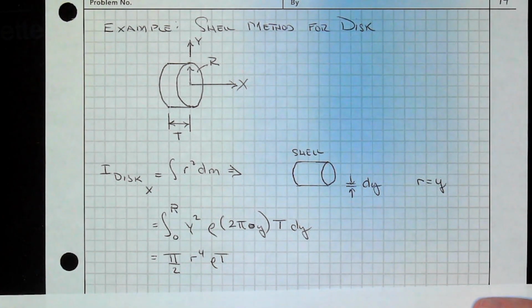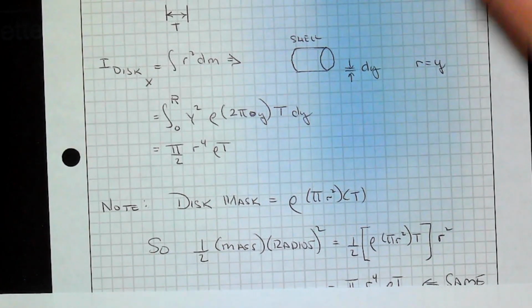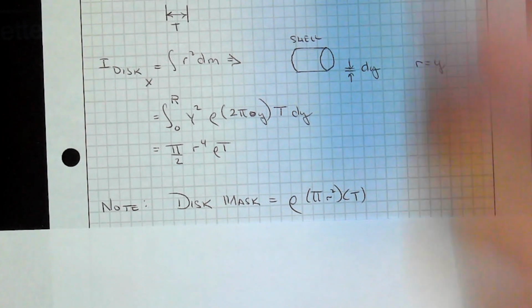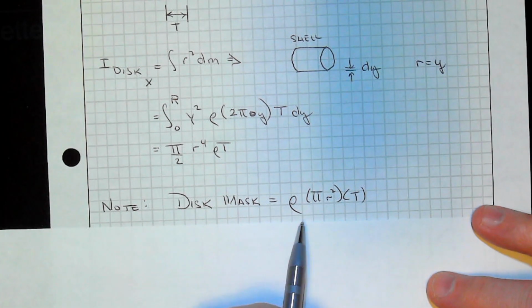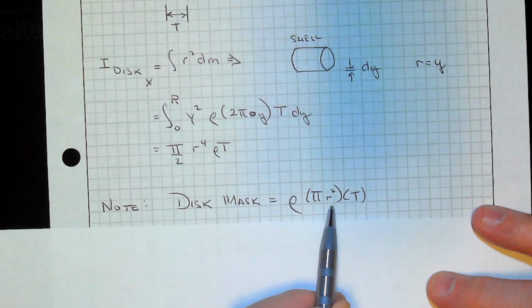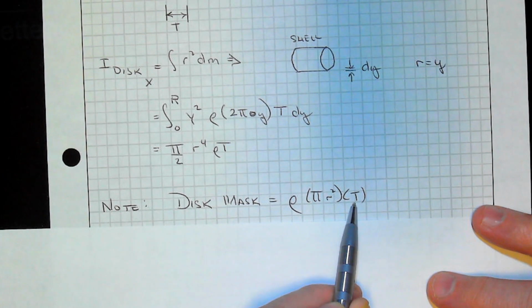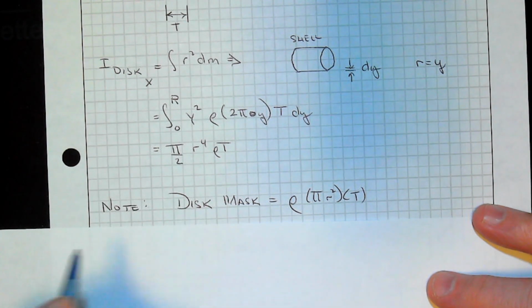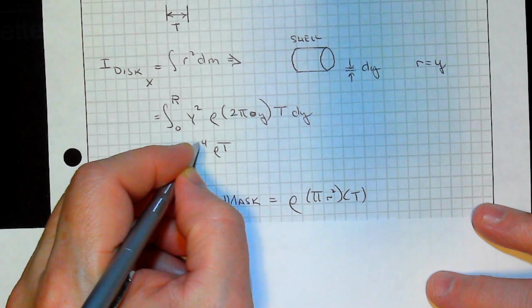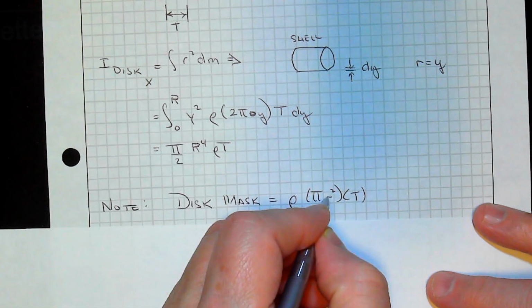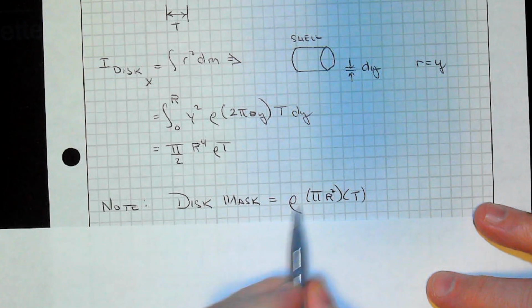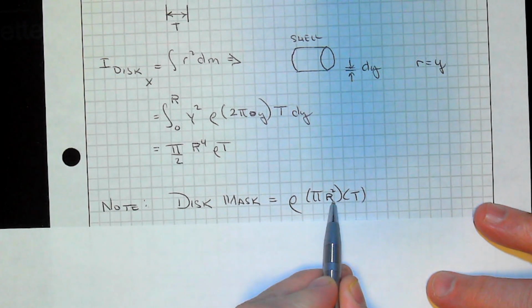Well, we've got to compute the mass. So just to prove it, I'll note that the disk mass would be density times area times thickness. So this is little r. Let's put a big capital R in here. There we go. So rho pi R squared times thickness.